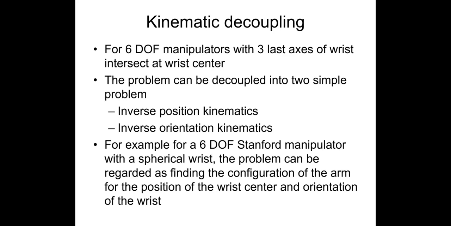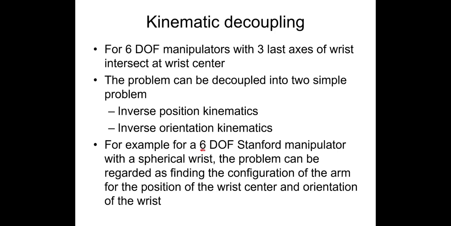For example, the 6 degree of freedom Stanford manipulator, which we mentioned in the beginning of this lecture, seems like we need to solve for 6 variables. For the Stanford manipulator, we had a spherical wrist in the end, and in total we have 6 joint variables.